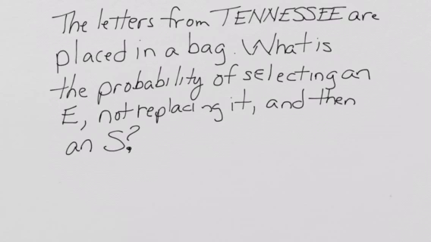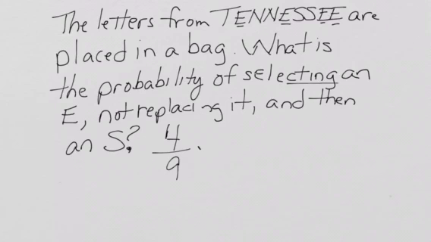Imagine all the letters from Tennessee are on little tiles and they're placed in a bag. What is the probability of selecting an E, not replacing it, and then selecting an S? Well, the probability of selecting an E: there's 4 E's, so it's going to be 4 out of 1, 2, 3, 4, 5, 6, 7, 8, 9. 4 out of 9.